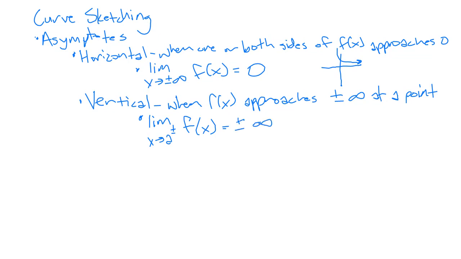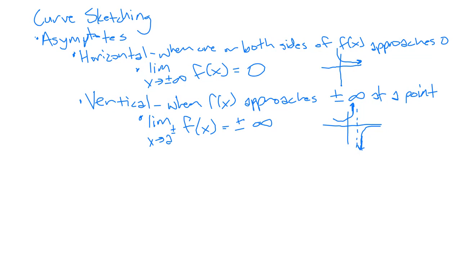An example would be a point here, our point A, and a function that looks something like this. You can see right up here, we're dropping down really fast, approaching negative infinity.